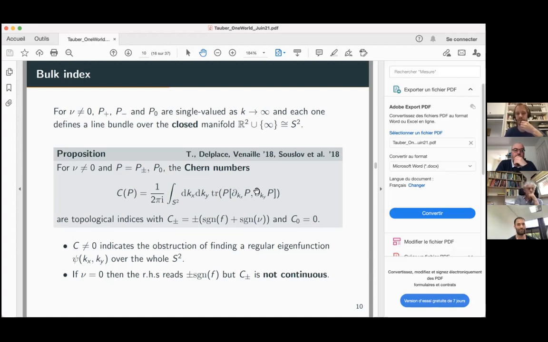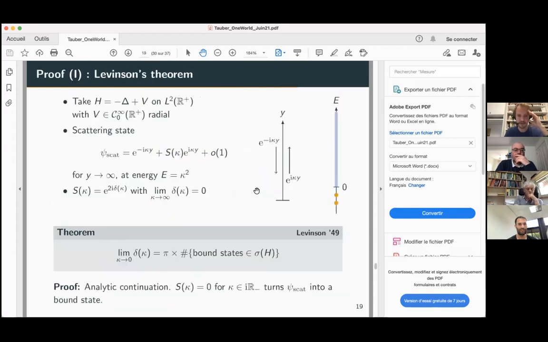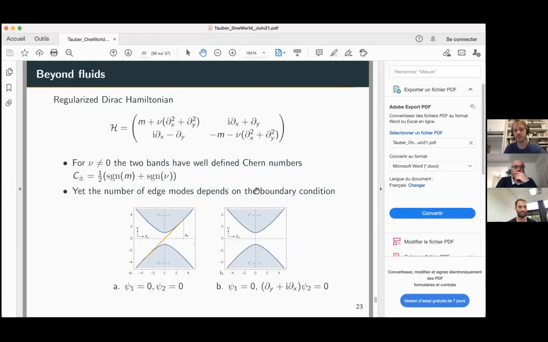Okay, thank you. And the second question is about, I think, for this kind of anomaly to appear, the way I detect it is to have a singularity at infinity. So first of all, you need a spectral band which is infinitely extended. So it could be a model that is bounded from below, but has an infinitely extended spectral band.